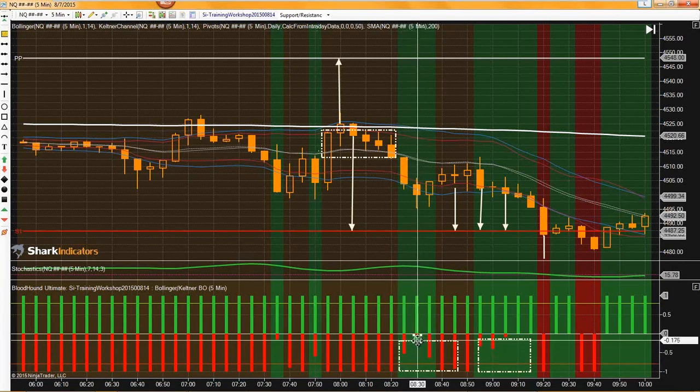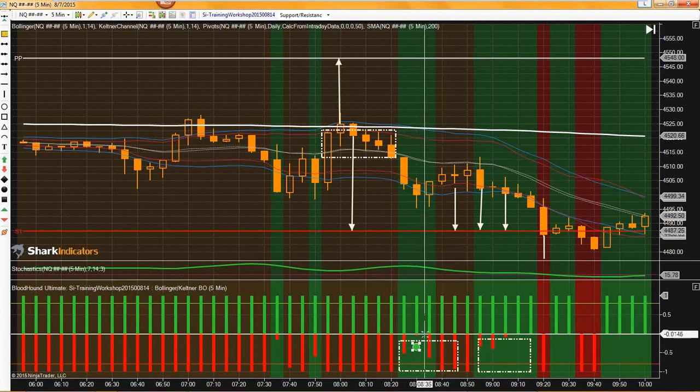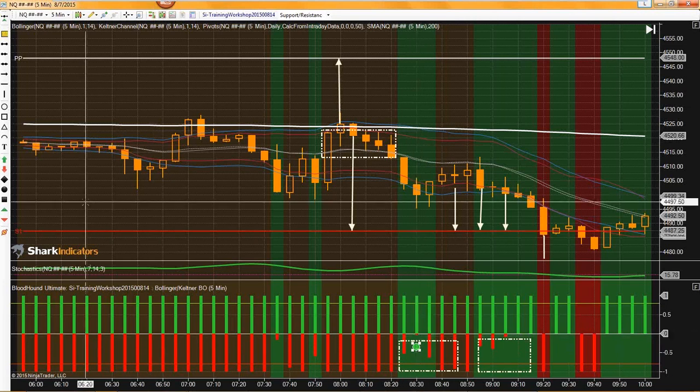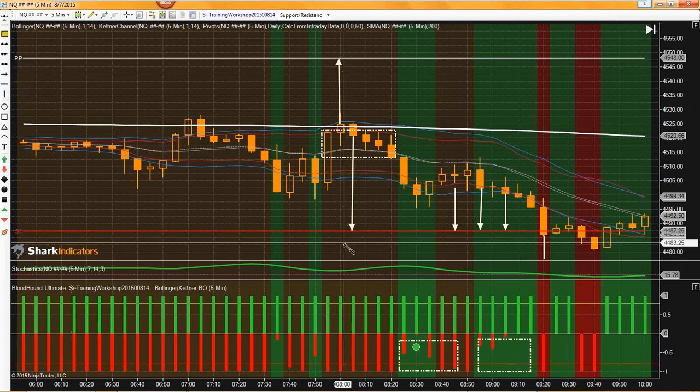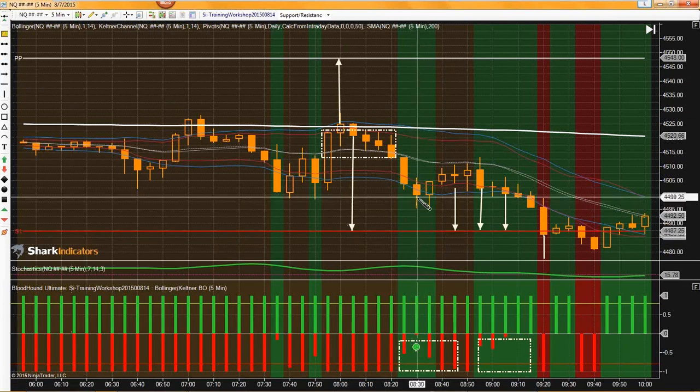Say on this bar right here with the green dot, it just barely has a short output. You can just see a little sliver of a short output. And so what that is saying is, let's see here.